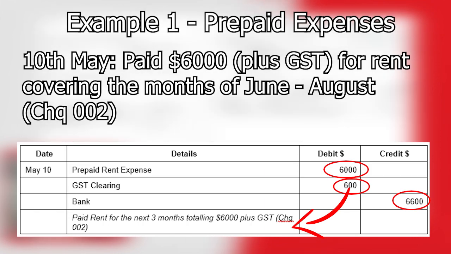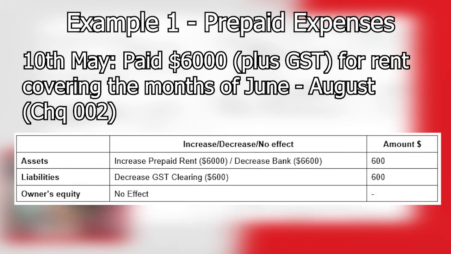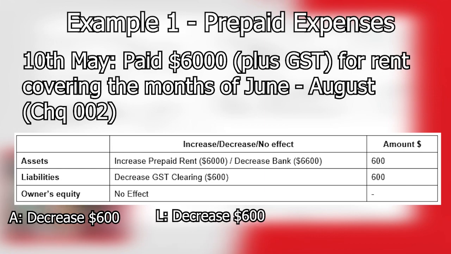The impact on the accounting equation is that it increases the prepaid rent asset, which goes up 6,000. The decrease of 6,600 on the bank leads to a net decrease of 600. Meanwhile, on the liabilities, it's a decrease of GST clearing. That liability goes down, also 600, but no effect on the owner's equity because the expense has not been incurred yet.